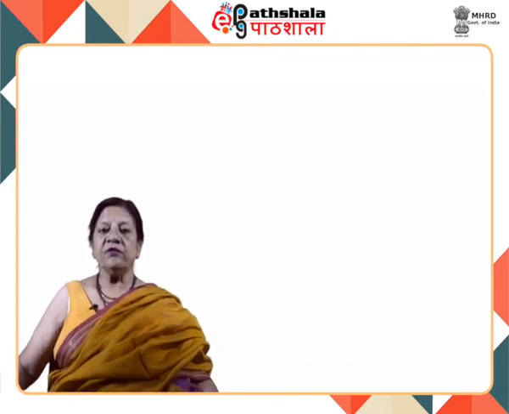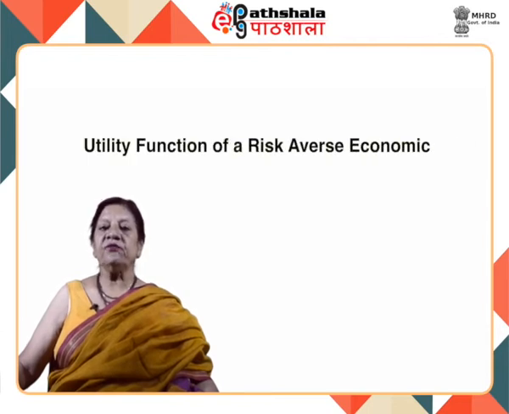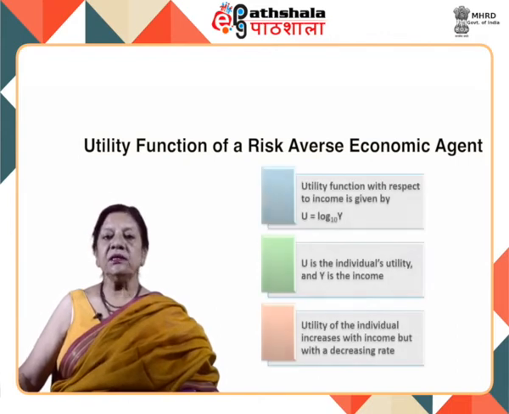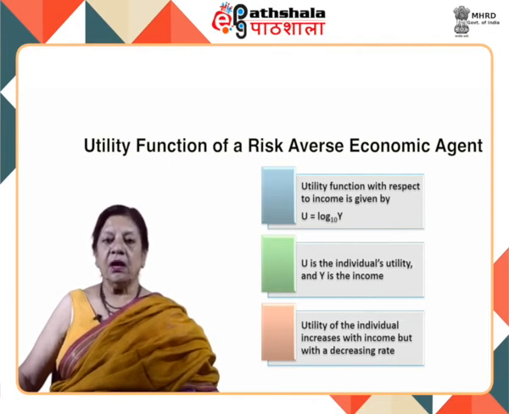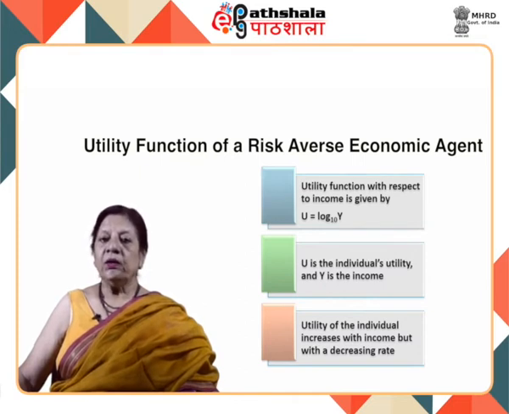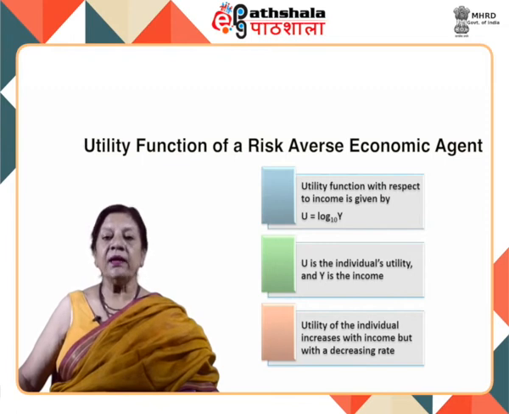Now, we will discuss the utility function of a risk averse economic agent. Consider an individual whose utility function with respect to income is given by u = log10 y, where u is the individual's utility and y is the income.